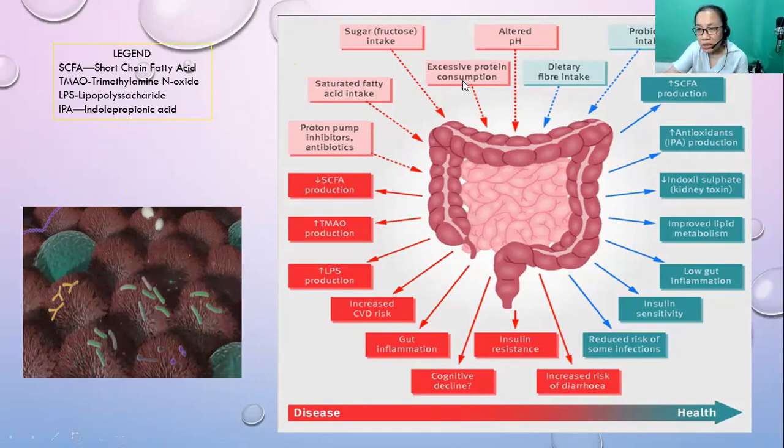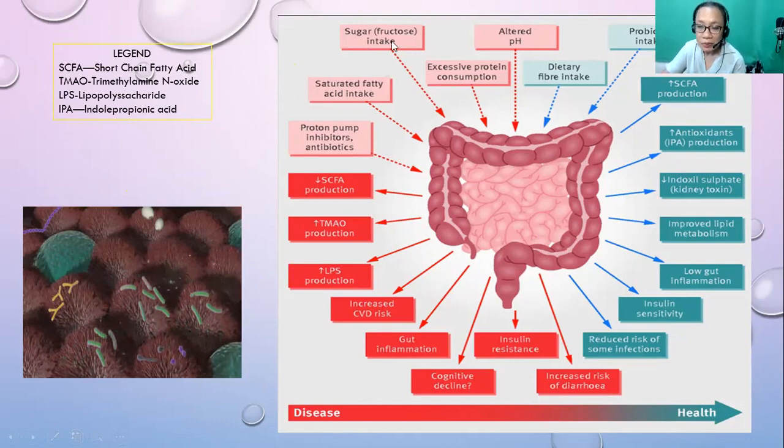Okay, excessive protein consumption. This came from the meat products, processed meat that you are eating, or any altered meat products that you are eating. They have a lot of protein components that are new to the gut. Okay, and we don't have natural enzymes that will digest them altogether, because these are new to the gut.